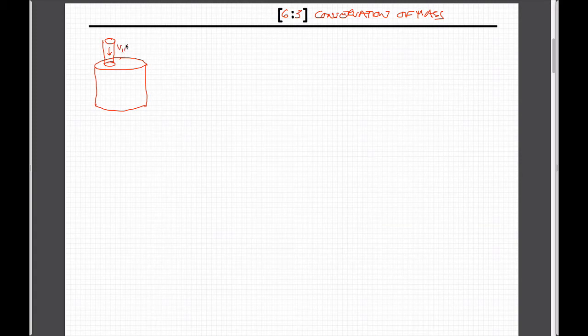This has a velocity, it has an area, it has a total area attached here, and it has some kind of height to it, and we're interested in the question, how long to fill?